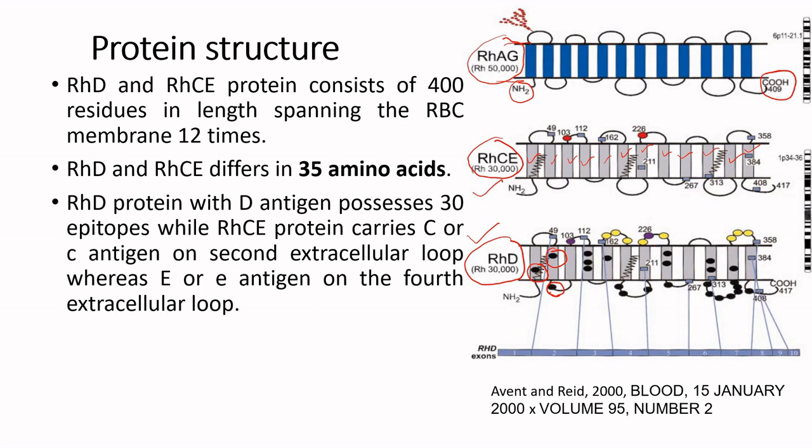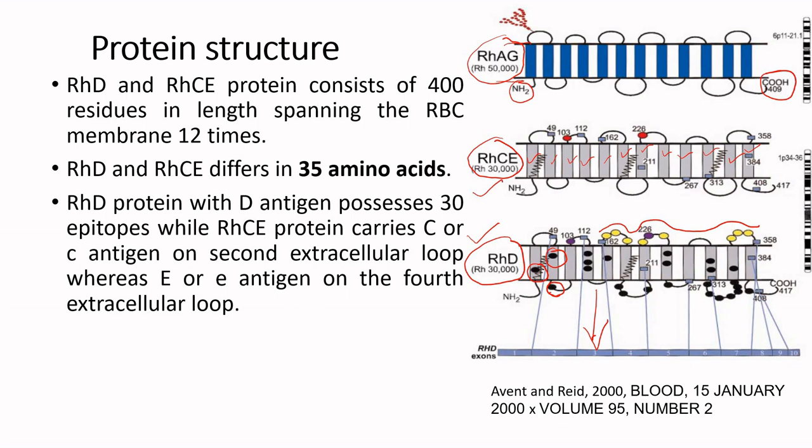Most of the epitopes lie towards the inside of the cell, and some of the epitopes which are colored lie outside of the RBC. You can see this is the RBC membrane, this is the outer part, and this one is the inner part. Those colored spheres are the antigens which are outside of the RBC, and these black colored dots are inside of the RBCs. So these are the epitopes.